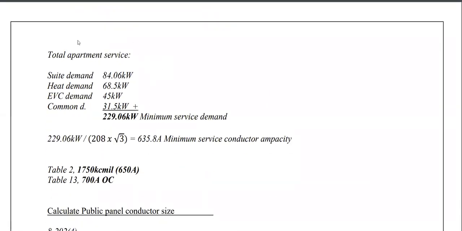Total service, suite demand, heat demand, EVC demand, common load demand gives me 229.06 kilowatts. Now 229 divided by, it's a three-phase apartment, 208 times root 3 gives me 635.8 minimum service conductor ampacity. Table 2, I get a 1750 kcmil conductor, and table 13, 700 amp OC.